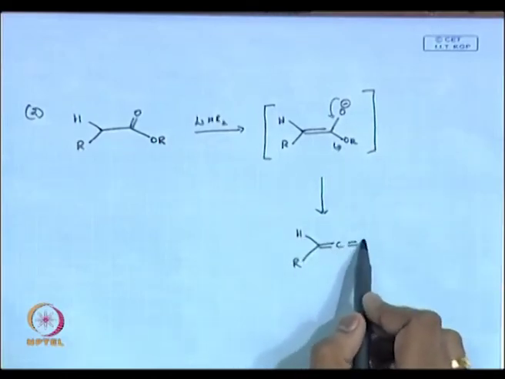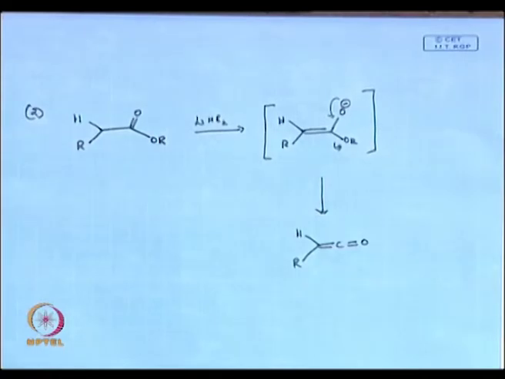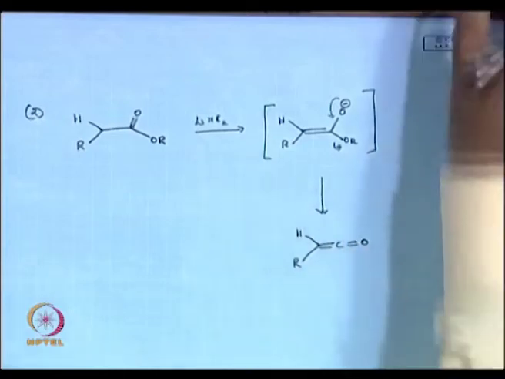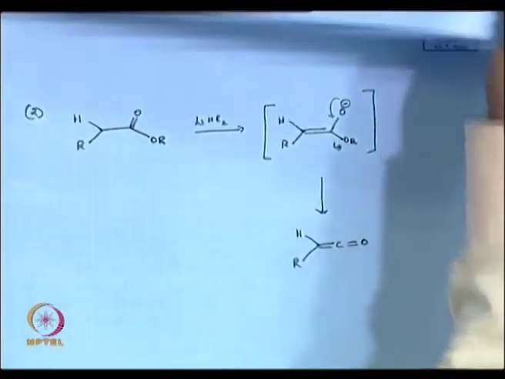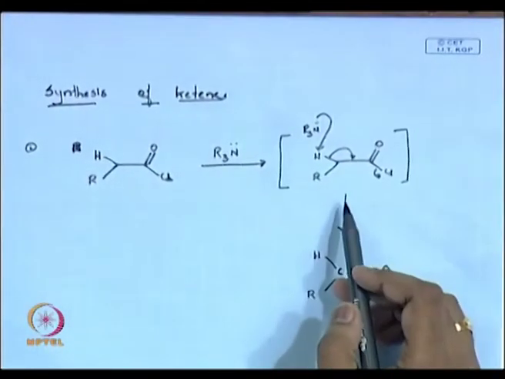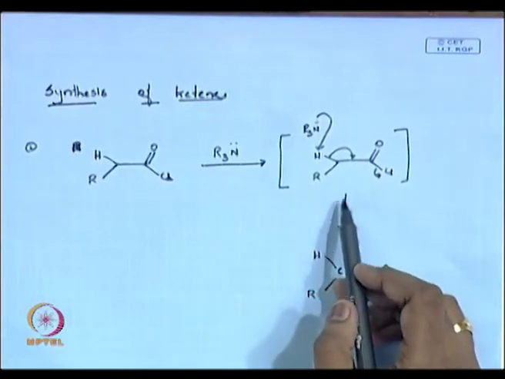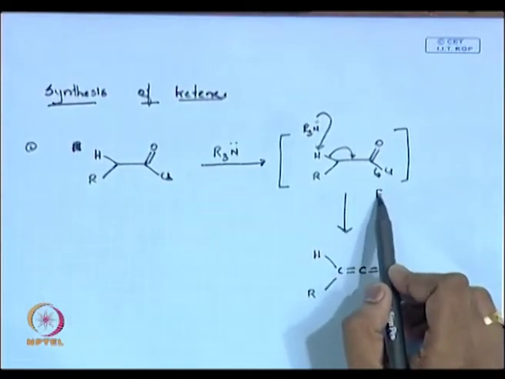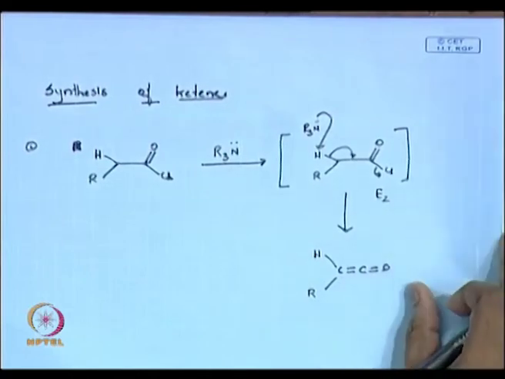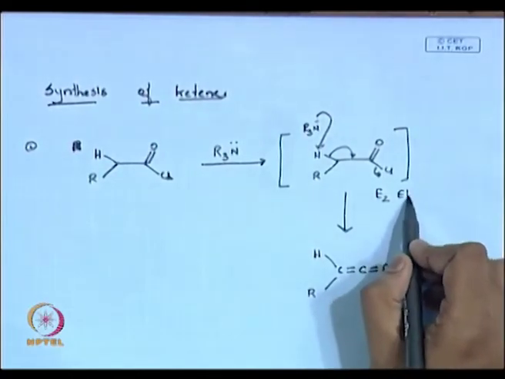So it's better to know how to make ketene type of systems, because when we do the synthesis in the earlier case, what type of elimination is it? This is your E2 elimination, which happens nicely.